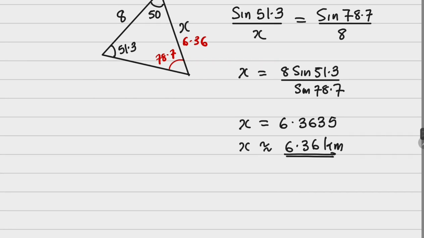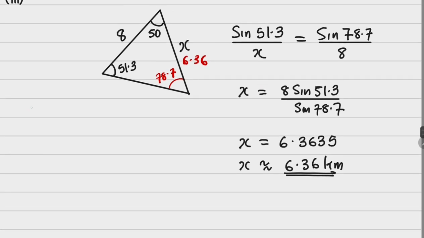So, therefore, what we are going to be using to solve this will be area is going to be half times 8, then times 6.36, then times sine of the angle between them, which is sine 50.